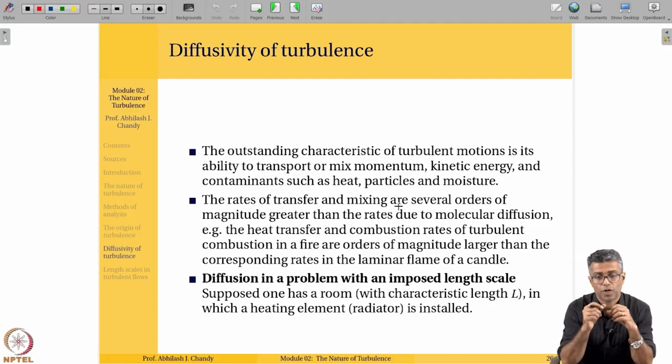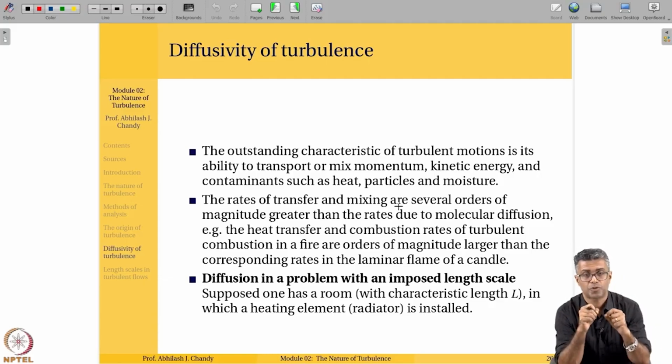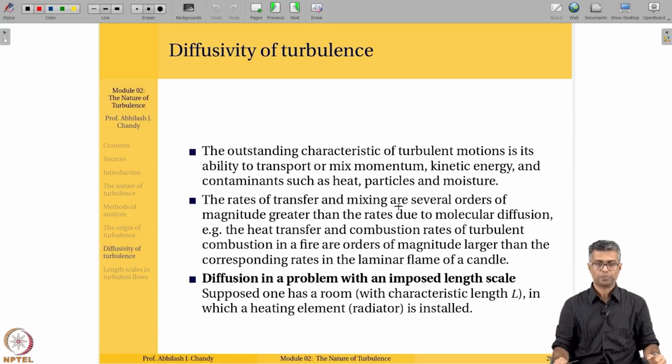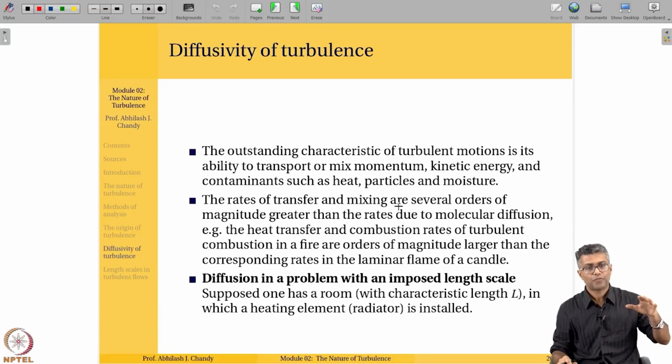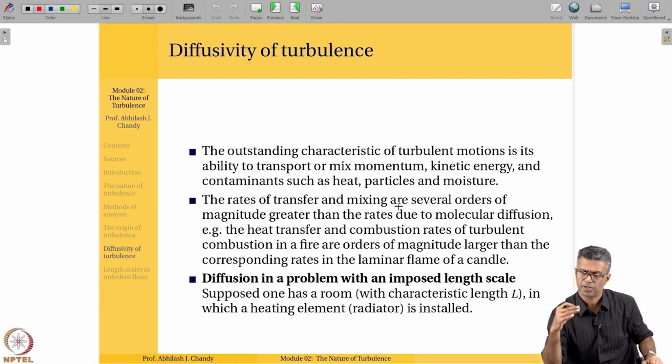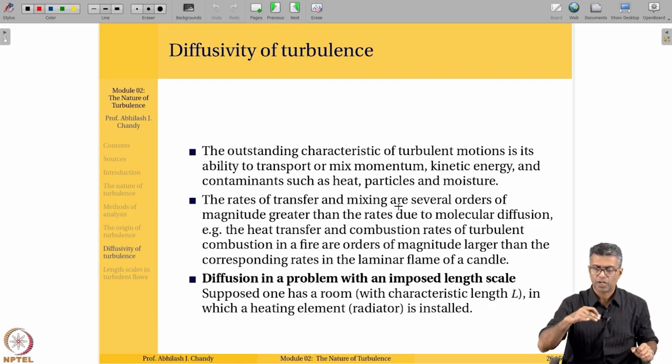So the case study we are going to look at in order to discuss this attribute in more detail is, say, a problem with an imposed length scale, which is, let's consider a room, the room that you're in right now. Okay, so if you have a room where there is some radiator or some heating element that is installed, so that is generating heat within the room.